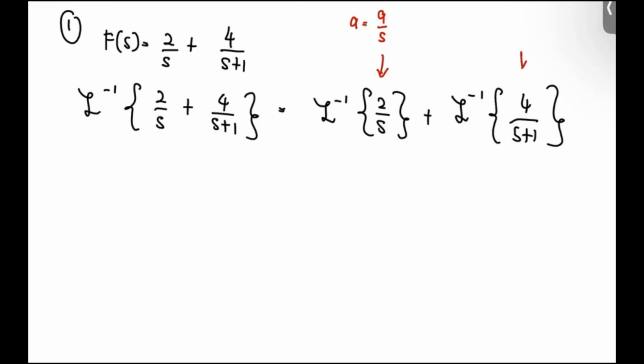And this one, we have exponent at, so this one equal to 1 over s plus 1. Conversely, exponent at equal to 1 over s minus a.